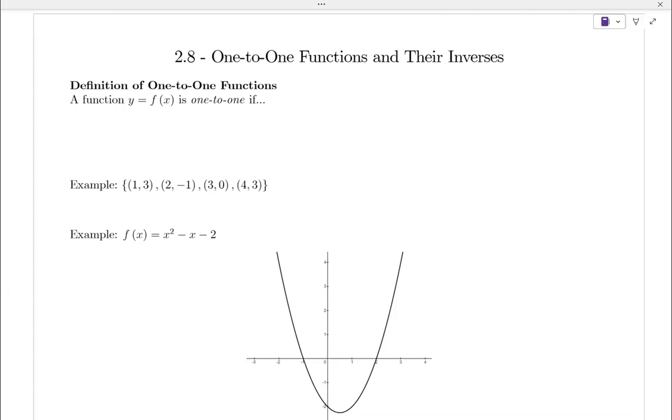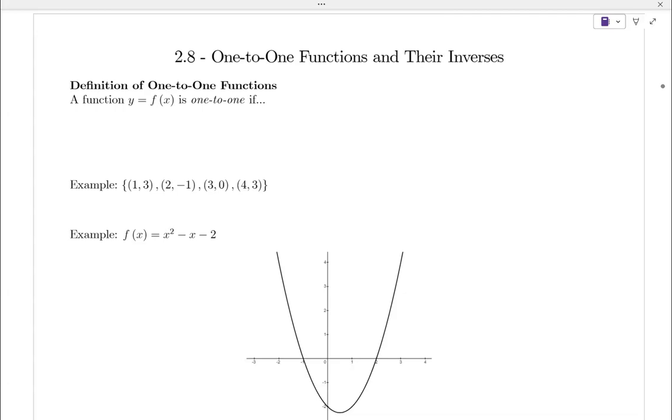To get to inverses, we need things to be one-to-one, which is why that is the first definition that we have here. So what we mean by a function is one-to-one, I'll say it in words and then I'll write it in symbols. If it's one-to-one, that means functions are if you put one thing in, you get one thing out. If I put a different thing in, if it's one-to-one, I have to get a different thing out.